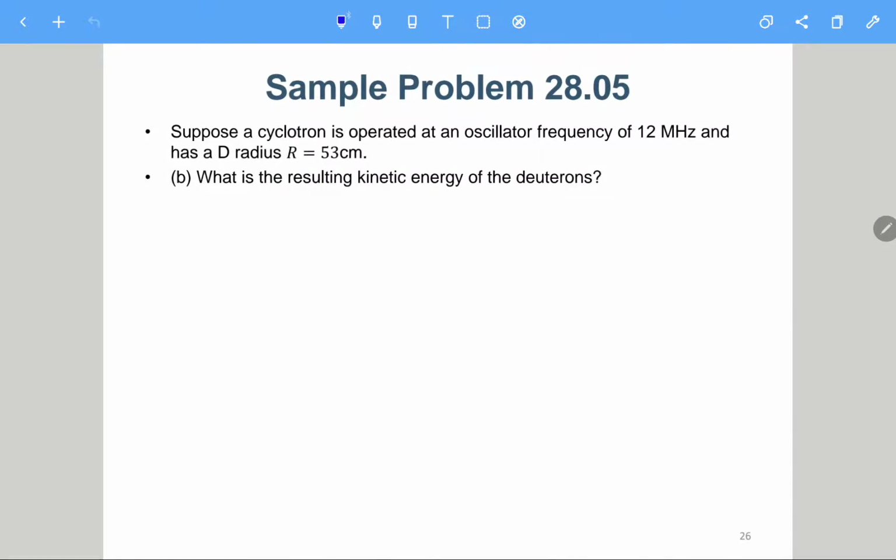So next, what is the resulting kinetic energy of the deuteron? Actually, we can find it like this: we have R equals mv over qB, so that we have v equals R q B over m. So we can plug in all the values.